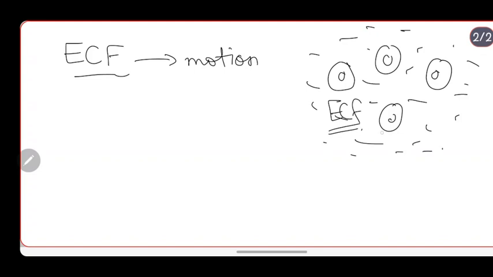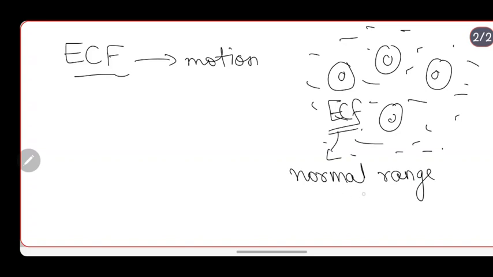The surrounding of these cells must be maintained in a normal way, that is, all the constituents of this extracellular fluid must be present in the normal range that we discussed last time. What is the normal range, and how it is different for different constituents of the extracellular fluid.